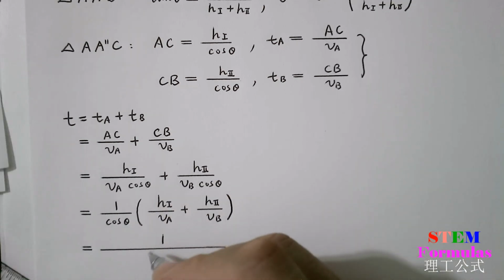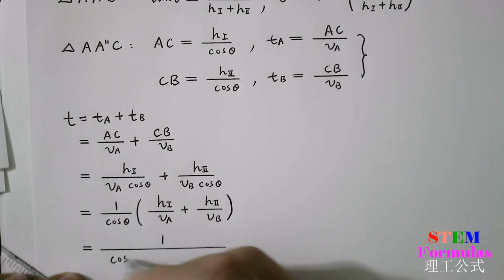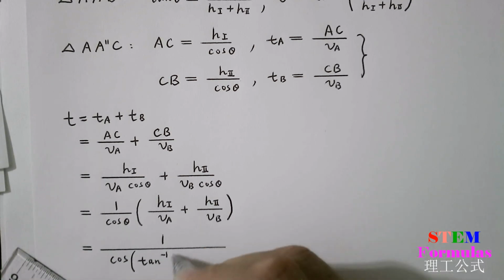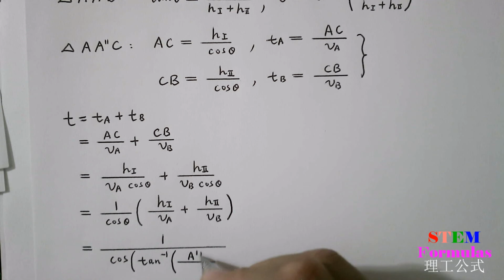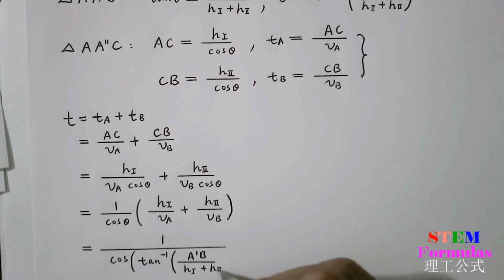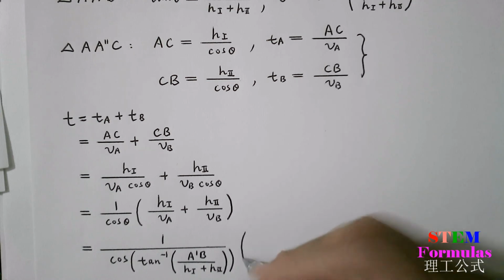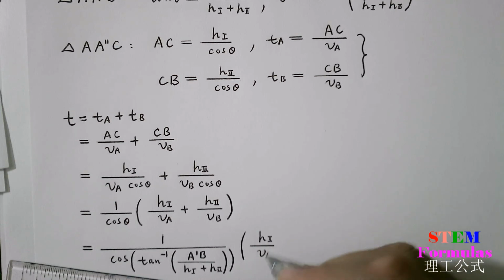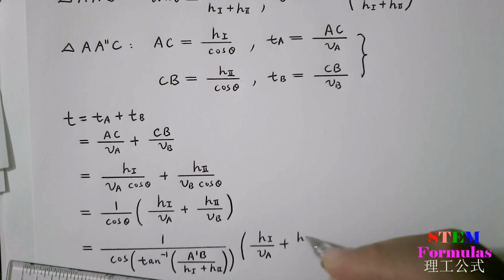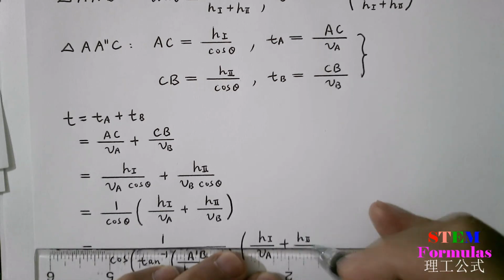So 1 over cosine bracket tan inverse A prime B divided by H1 plus H2, so H1 divided by VA plus H2 divided by VB.